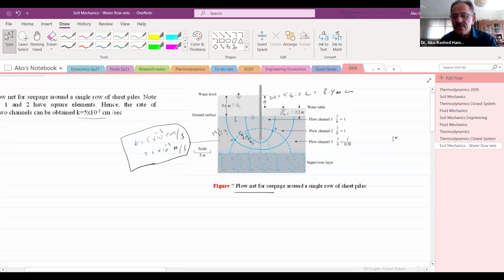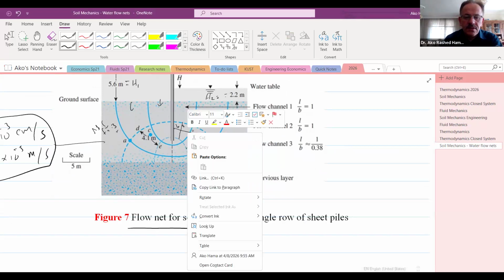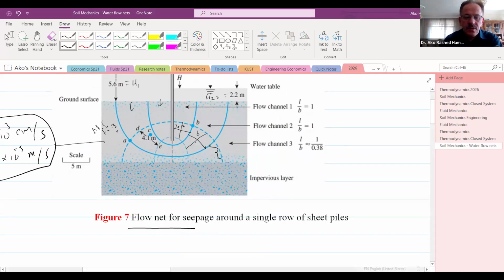If I wanted to precisely calculate the Q, this is a channel, it's B and it's L. This is a channel, it has a B and an L. B means width, L means length.